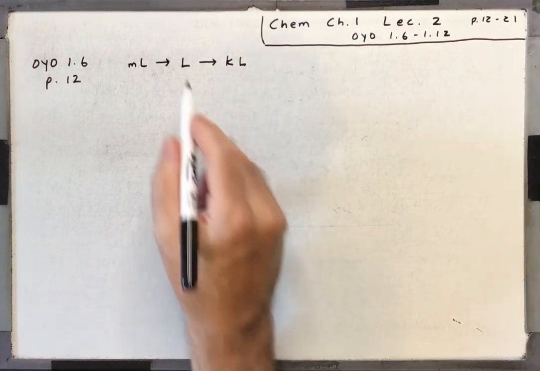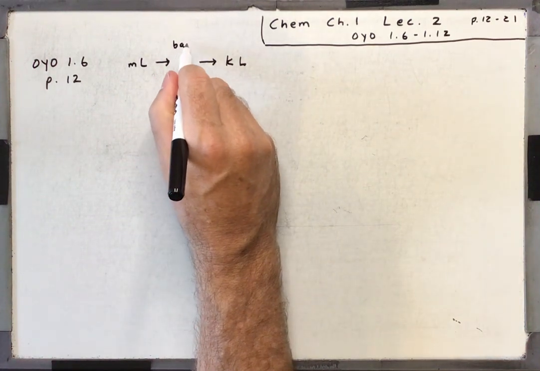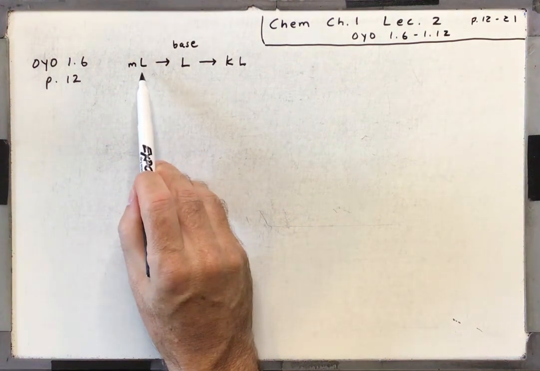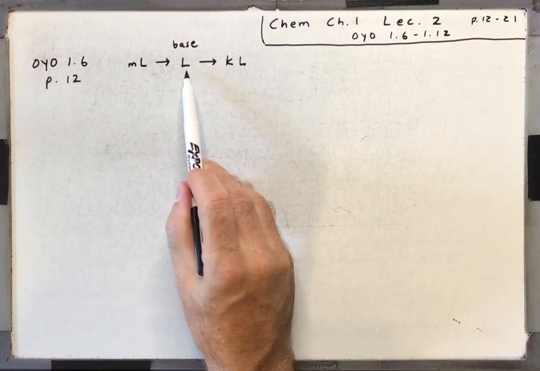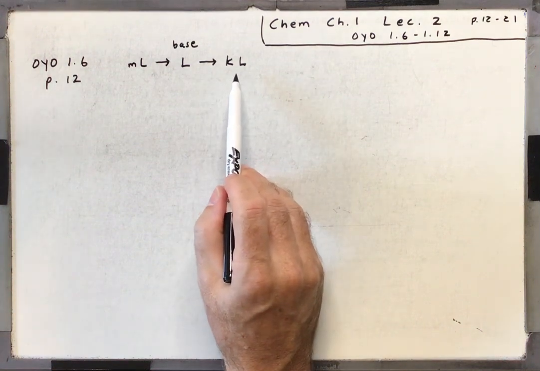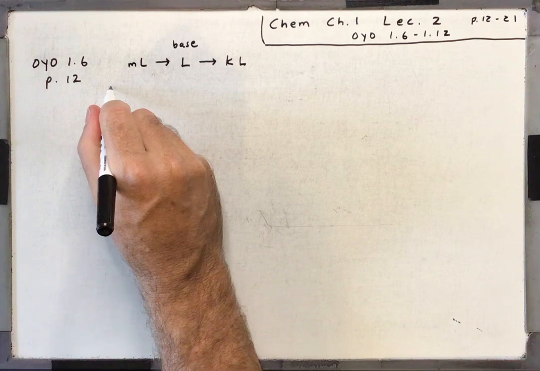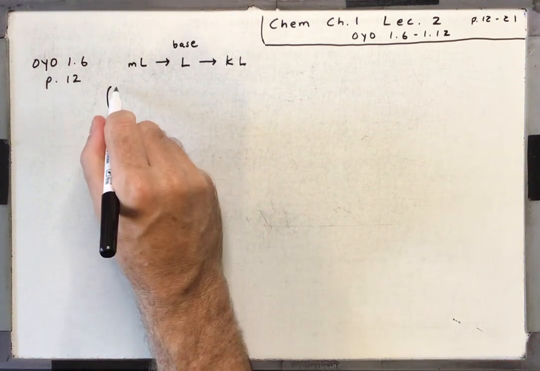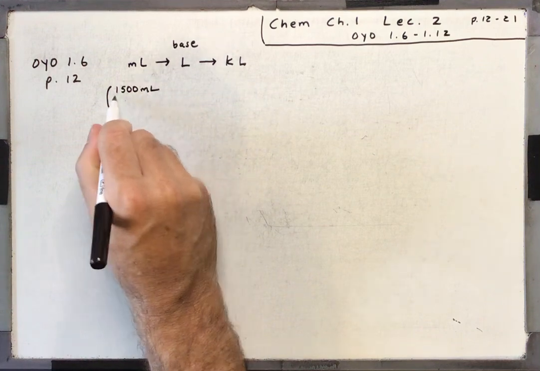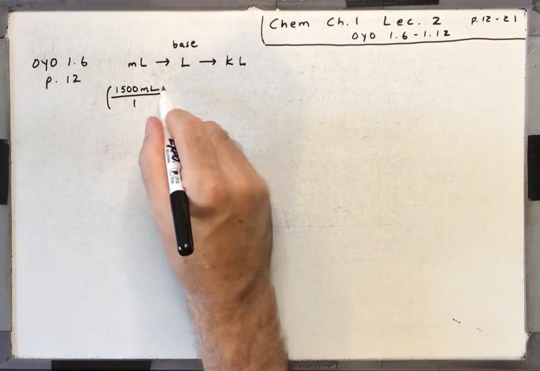So we're going to do it this way: go through the base unit, because the milliliters is on the left side, or the smaller side of the base unit, and kiloliters is on the right side, or the larger side of the base unit. Okay, so let's start with what we've been given, which is 1,500 milliliters. We're going to put that over 1.